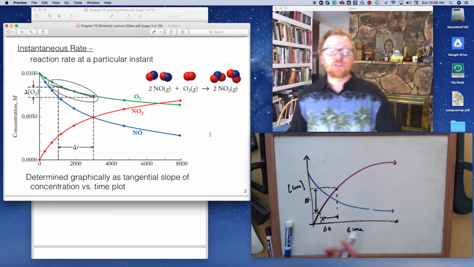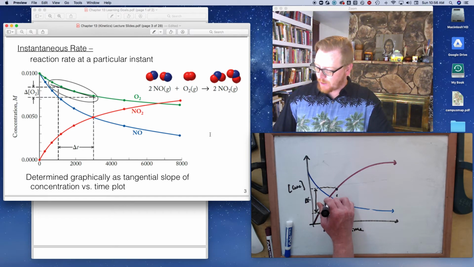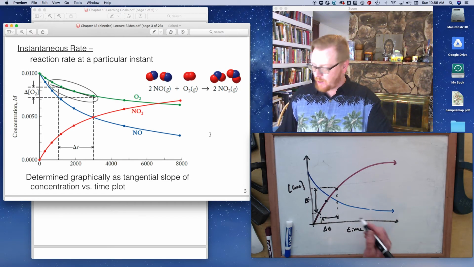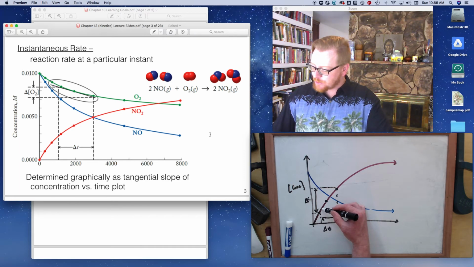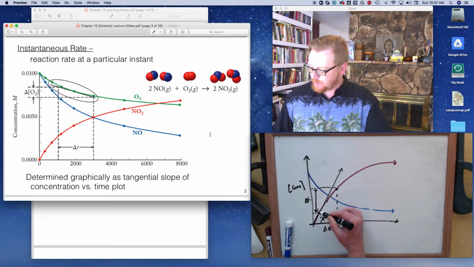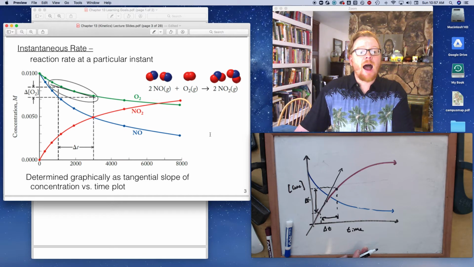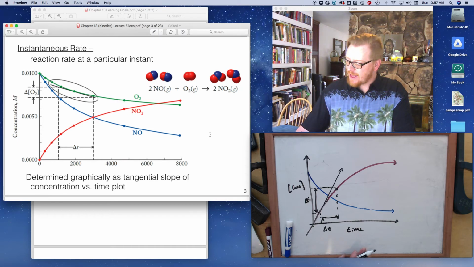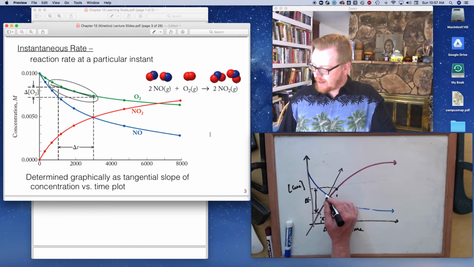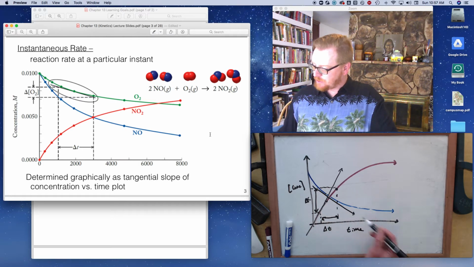If I was able to do calculus, and let's say I identified a point, so let's suppose now over my same interval, maybe I take the point that's halfway between, and I took the first derivative, which would give me the tangential slope at that point, then that would give me the instantaneous rate. Okay, and I could do that at this data point, and I could also do that at this data point for the reactants, to compare the two slopes.